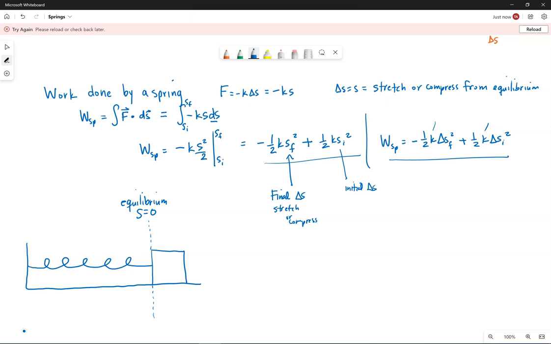So the equilibrium position means there would be no motion. This spring with the mass would just be sitting there. So the system of the mass and the spring together would be at rest.